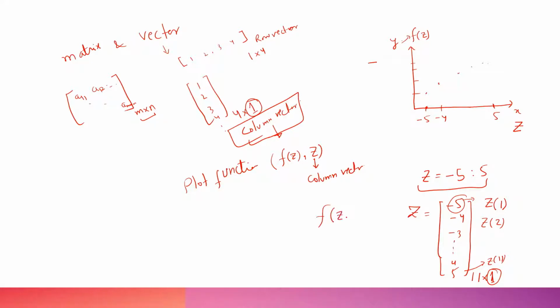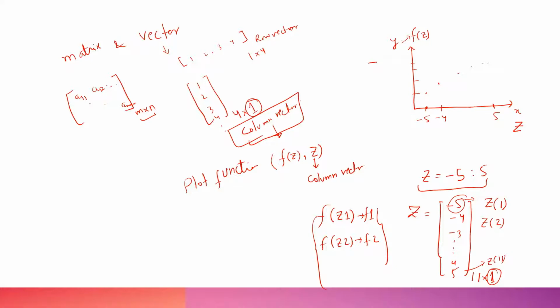So f of z1, that would be f1, f of z2, that would be f2. So it would also be a column vector. So corresponding to each value there would be a value, so it would be plotted in this manner. So we should understand that MATLAB, when we give the values, always reads the column vector.